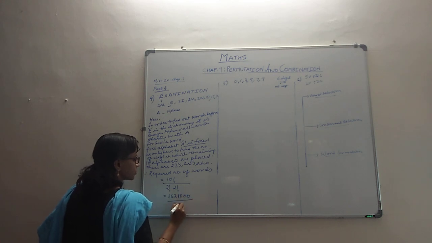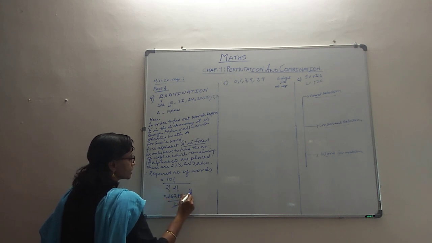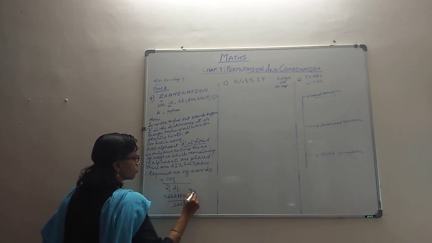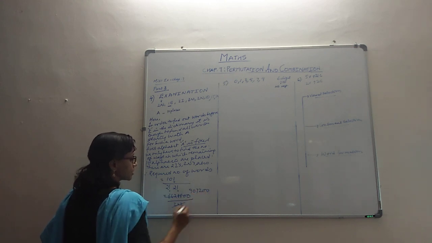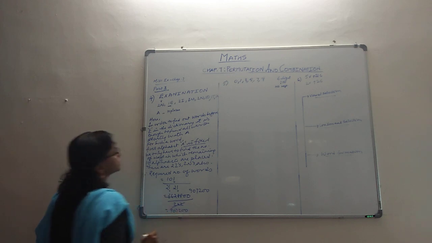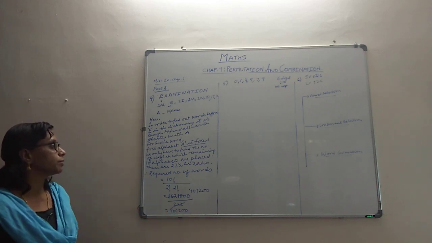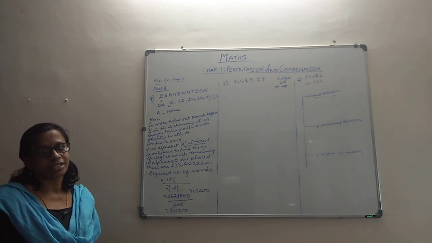Then this is 2 and 2, so that's 4. Let's have the 4 cancelled. 4 nines are 36, cannot go, so 7 times 28, 2 times 8, that's it. 907200 is the number of words in the dictionary before E.